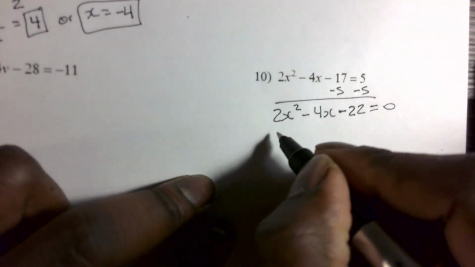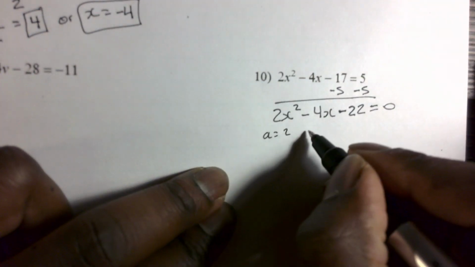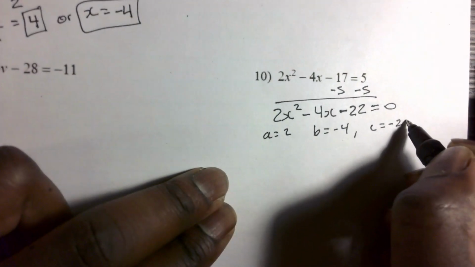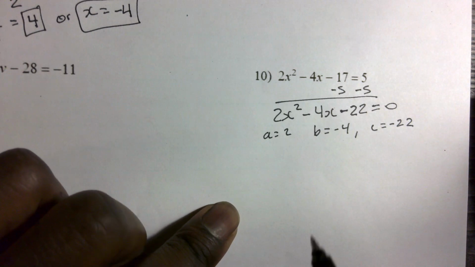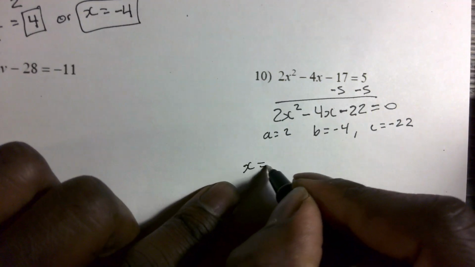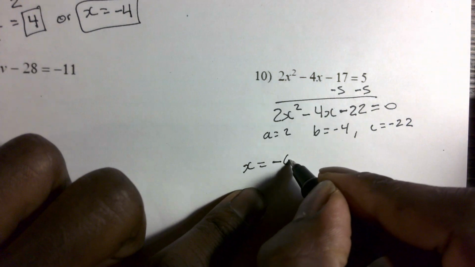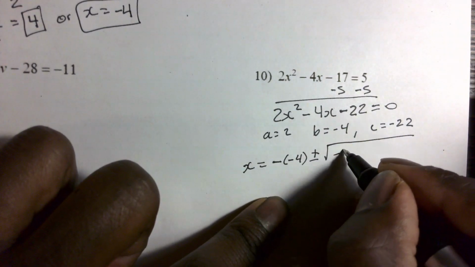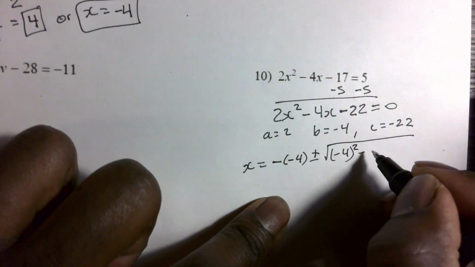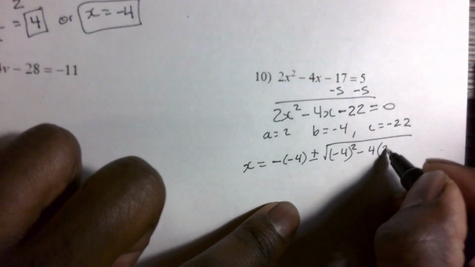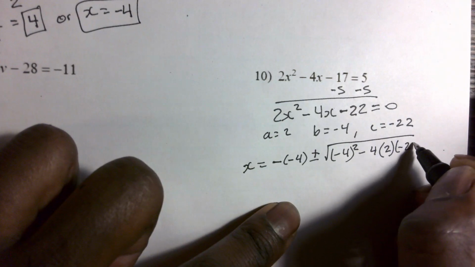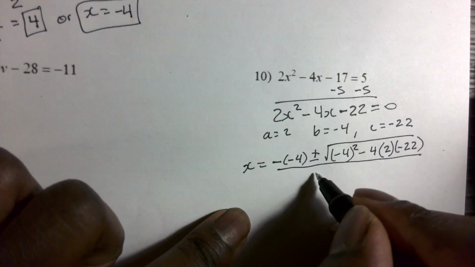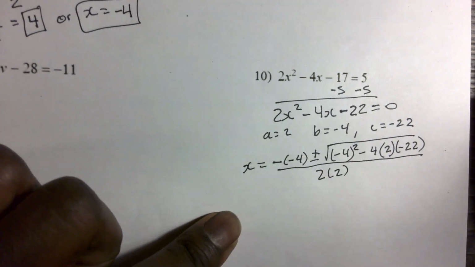So now we have a equals 2, b equals negative 4, and c equals negative 22. From here we have x equals negative negative 4 plus or minus the square root of negative 4 squared minus 4 times 2 times negative 22, all over 2 times 2, which is 4.